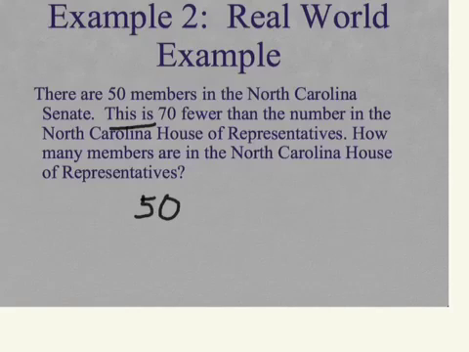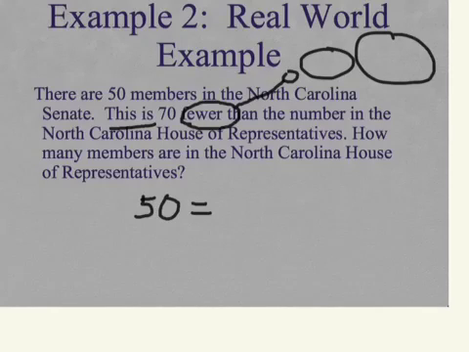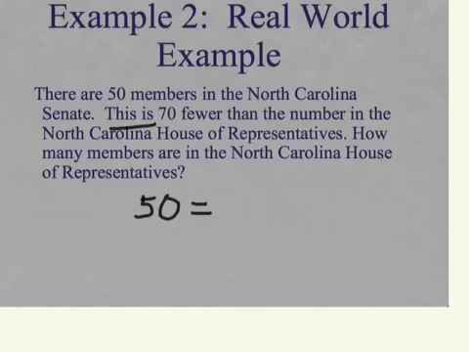This is, that word this refers to the 50. So 50 is what? 50 is 70 fewer than, fewer. I'm thinking subtraction, right? So fewer than the number of people in the North Carolina House of Representatives.